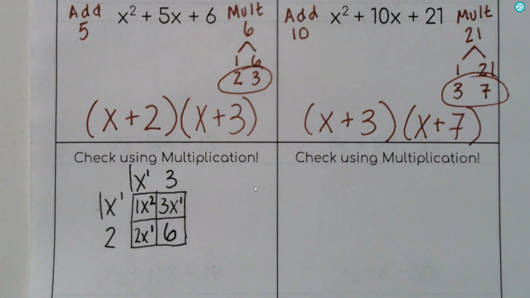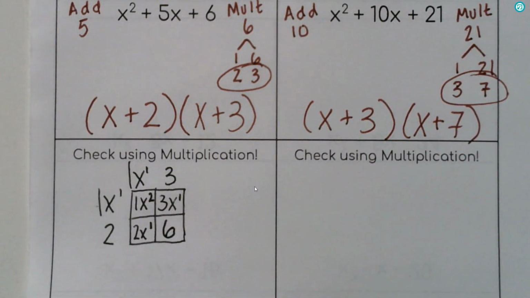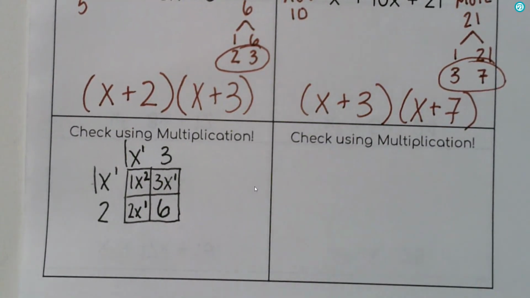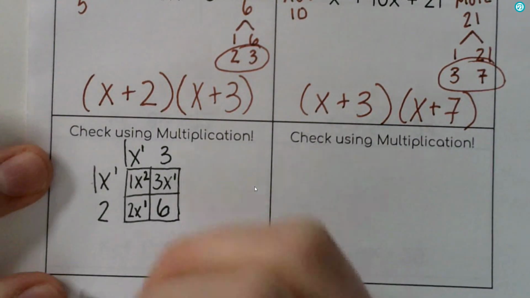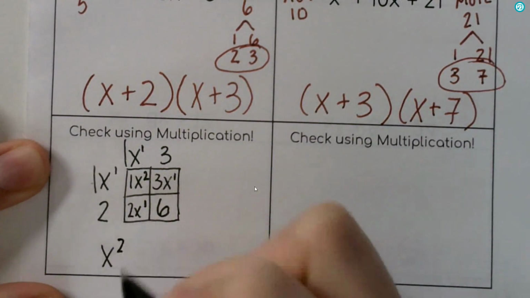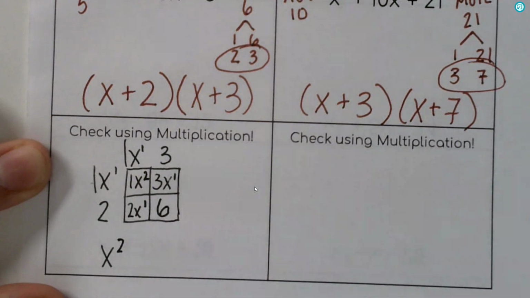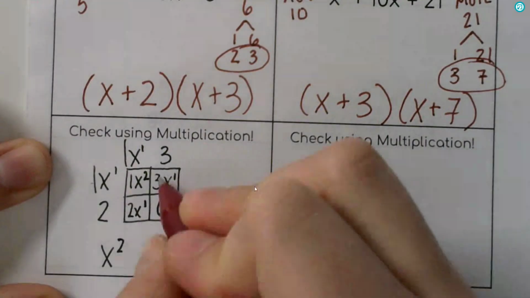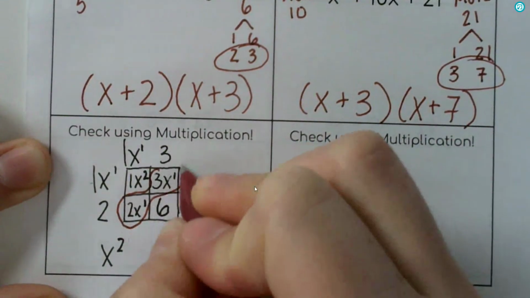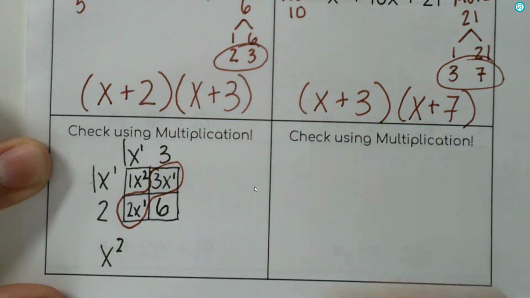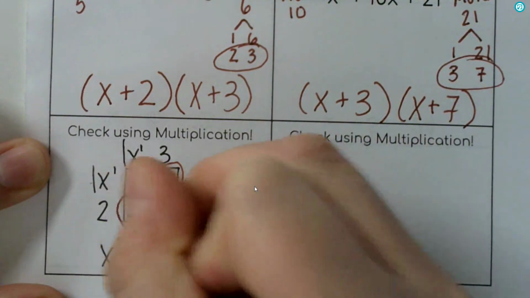Okay. From there, we are now going to combine like terms. So my x squared will stay by itself. What can I combine together? Okay, these 2 guys, 3x to the first and 2x to the first. Those combine together to be 5x to the first.